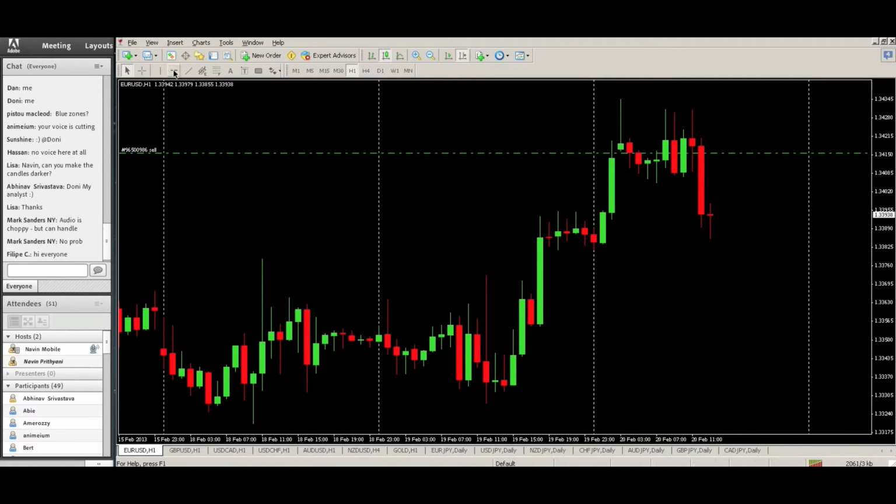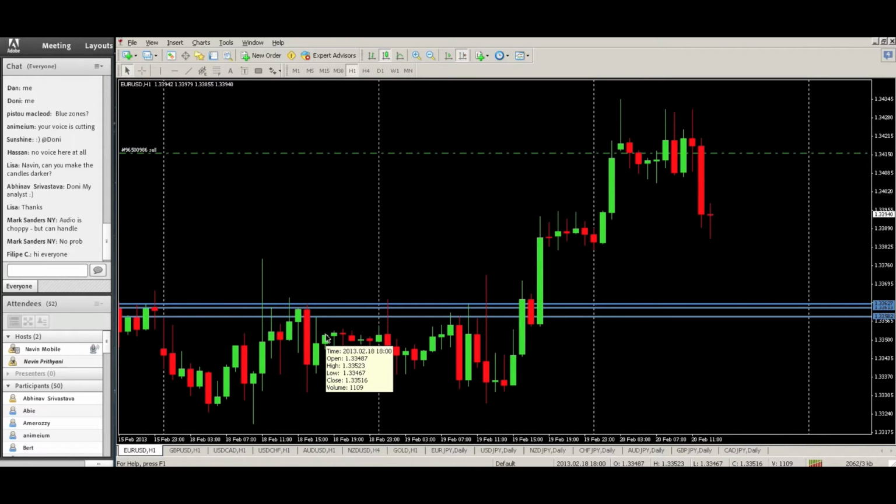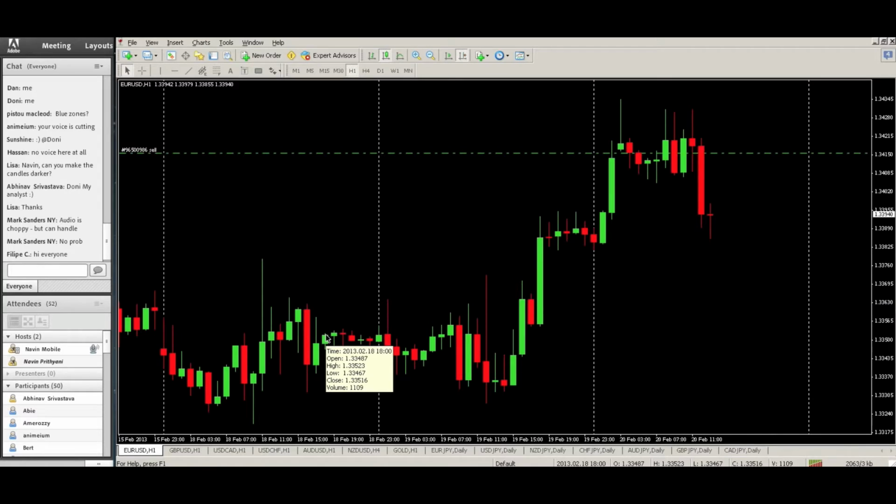You can technically draw resistance on top of each candle if you want to get into the nitty gritty, and you'll just go crazy, and sooner or later you become like Einstein, crazy hairdo. So you don't want to do that. You want to understand the level of strength of a particular support and resistance level.